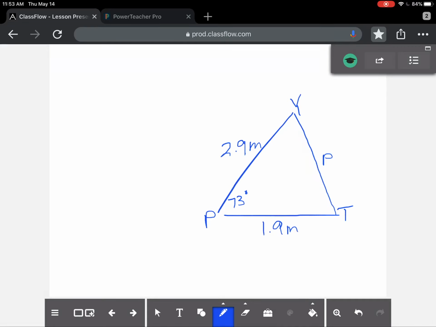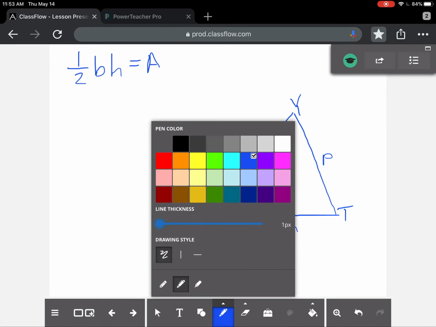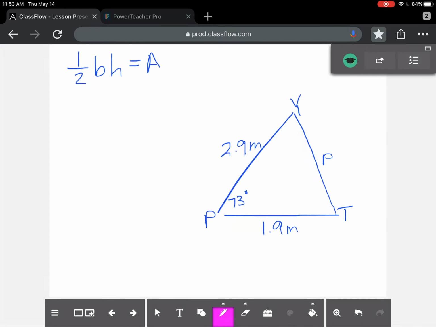It says that angle P is 73 degrees, little t is 2.9 meters and little y is 1.9 meters. So this is what you're given. It says find the area.